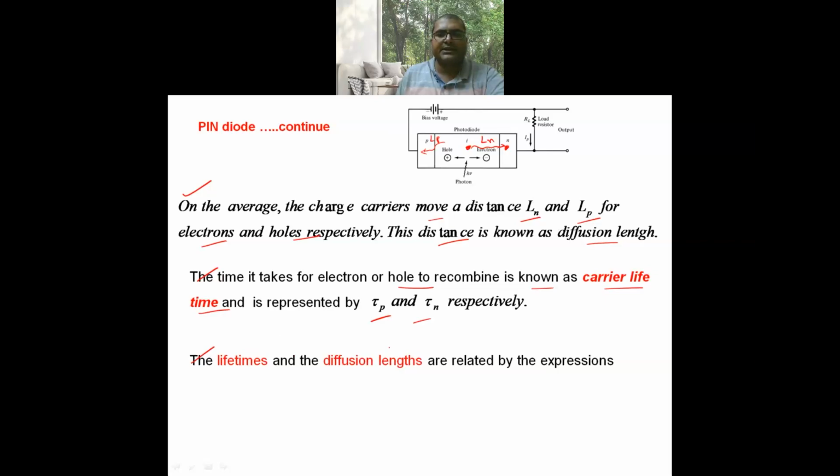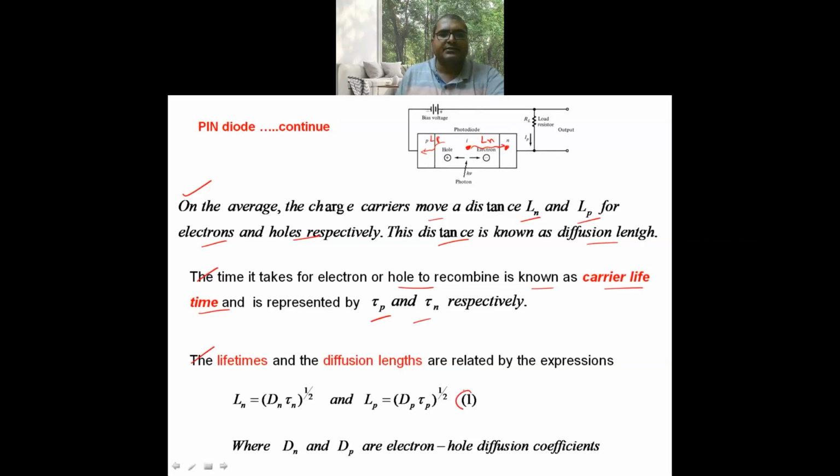The lifetime and the diffusion lengths are related by the equation: Ln equals (Dn tau n) power 1 by 2 and Lp equals (Dp tau p) power 1 by 2, where Dn and Dp are the electron and hole diffusion coefficients.